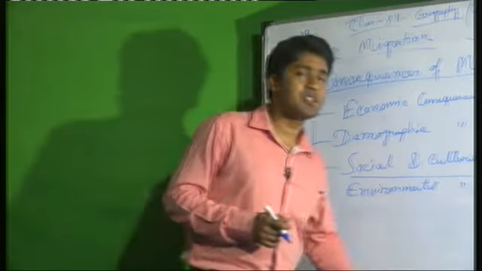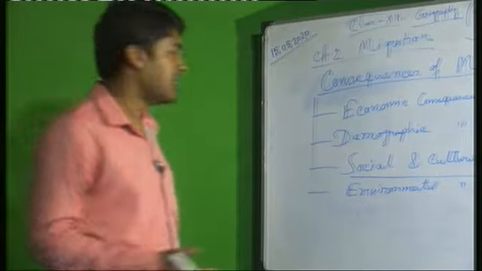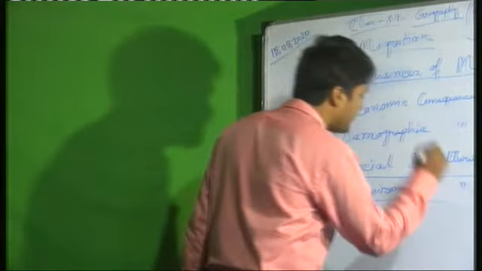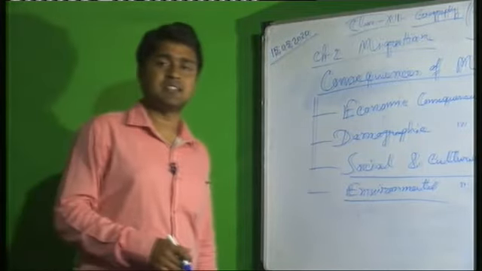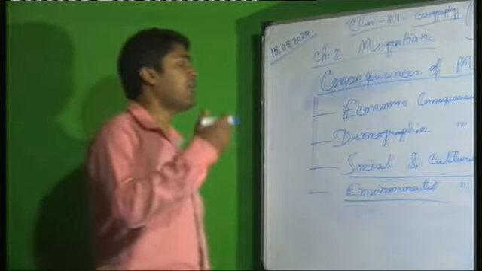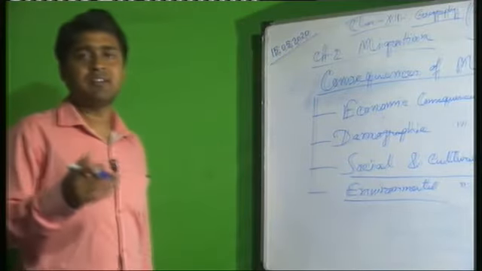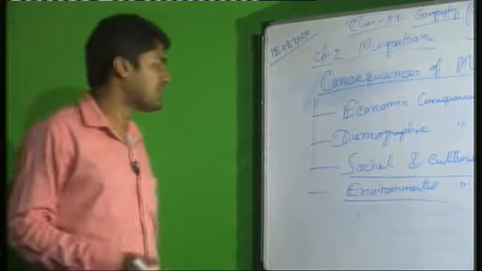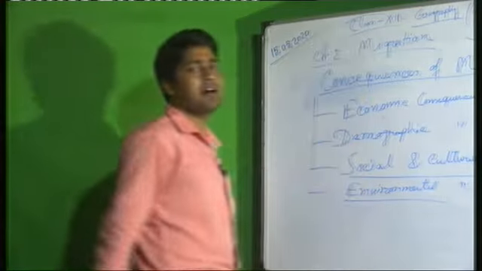And the last portion is environmental consequences. The environmental consequences mean that due to migration, when any area's number of people increases, then obviously they will not get favorable places. That means slum areas also increase, and due to that reason the environmental conditions deteriorate.